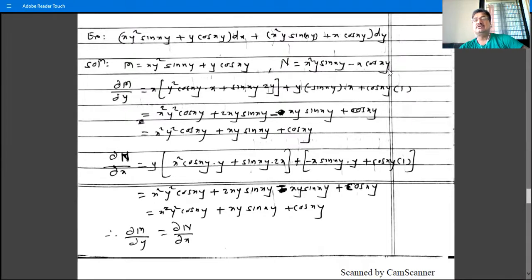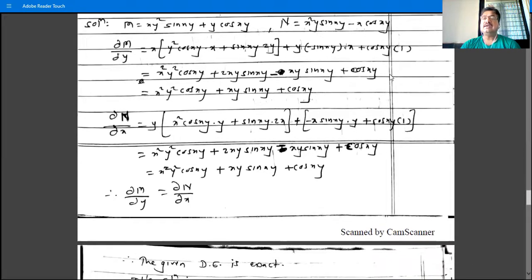So plus x into cos(xy), derivative is by using the u into v rule. So plus derivative of x and derivative of cos(xy), which is minus sin(xy) into derivative of xy, which is y with respect to x, plus v, meaning cos(xy). Derivative of x is 1.